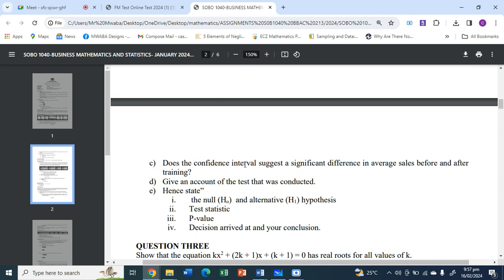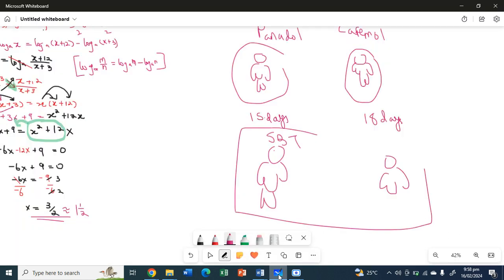Does the confidence interval suggest a significant difference in average sales before and after training? Yes, the confidence interval can suggest a significant difference if and only if it does not contain the number zero.